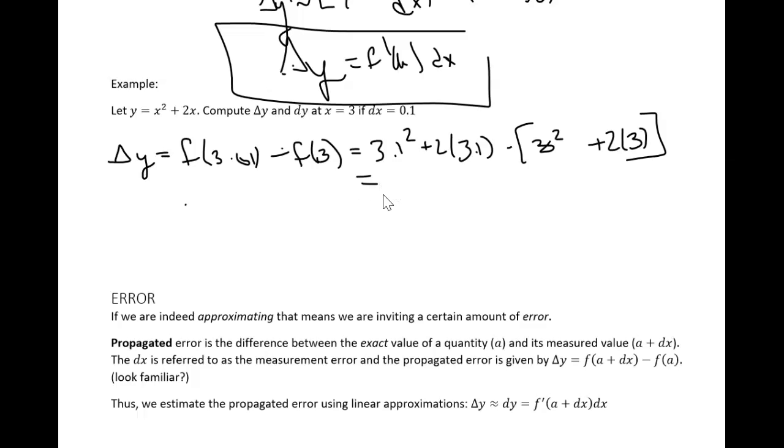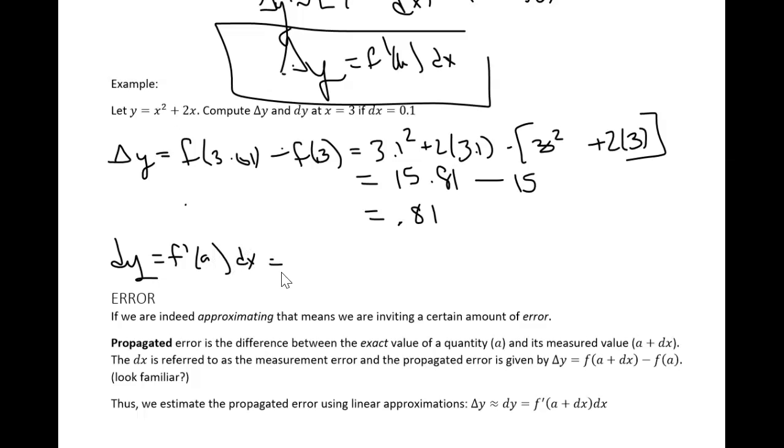So typing this into our calculator, we've got 3.1 squared plus 2 times 3.1, so we've got 15.81 minus 9 plus 6, which is 15. So we find that our actual delta y, our actual change in y, is 0.81. If we use the differentials and linear approximation approach, we know that dy is equal to f prime of a dx.